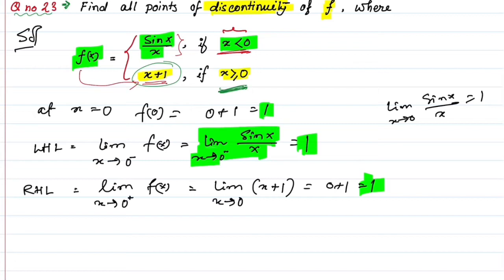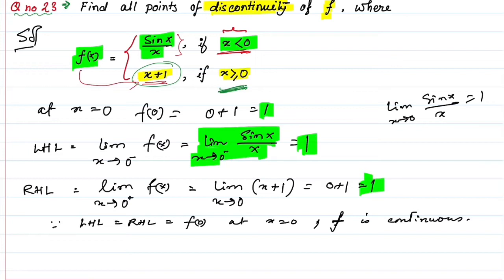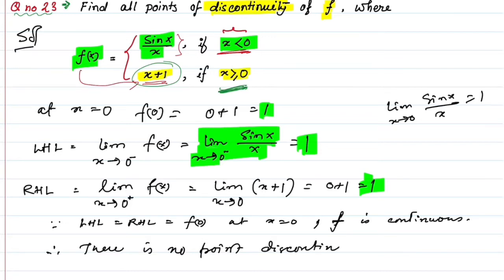Since left hand limit is equal to right hand limit is equal to f of 0 at x equal to 0, the function f is continuous. Therefore there is no point of discontinuity.